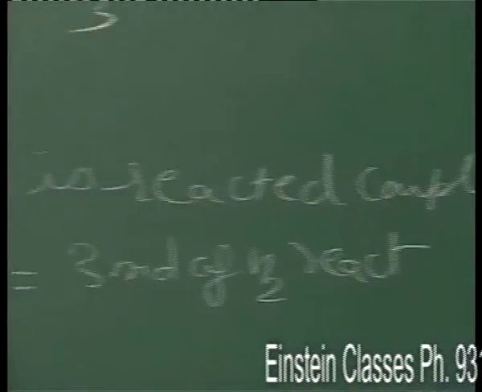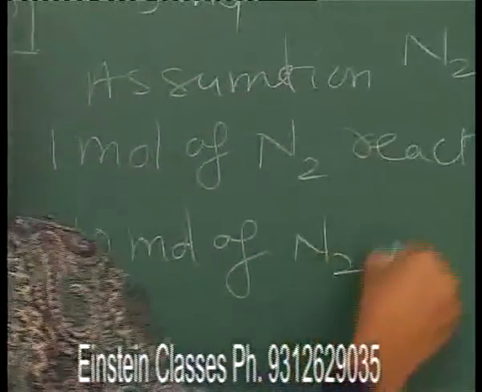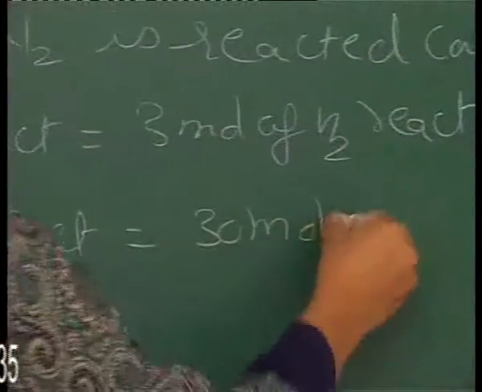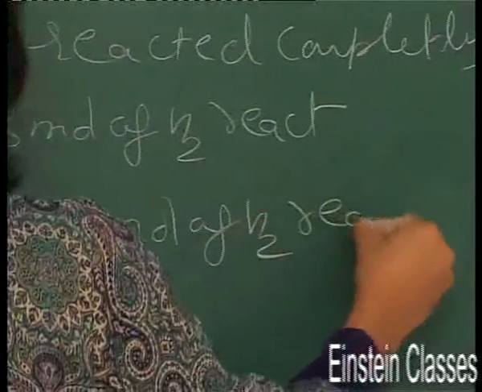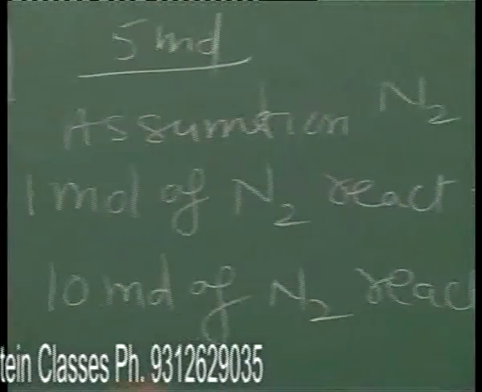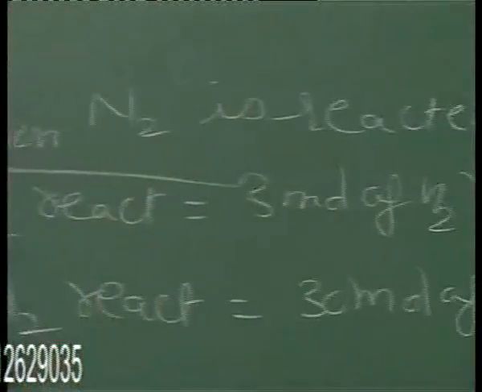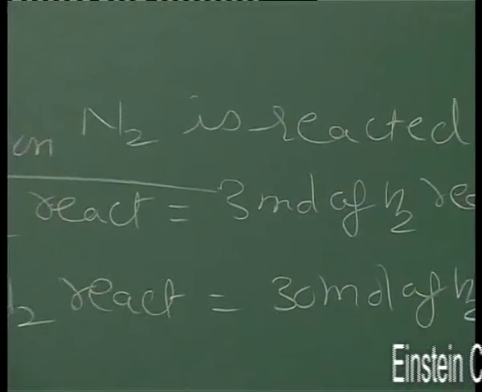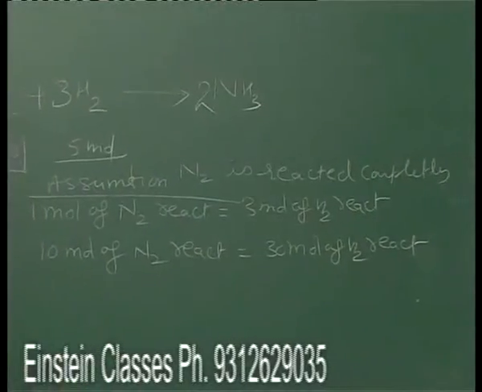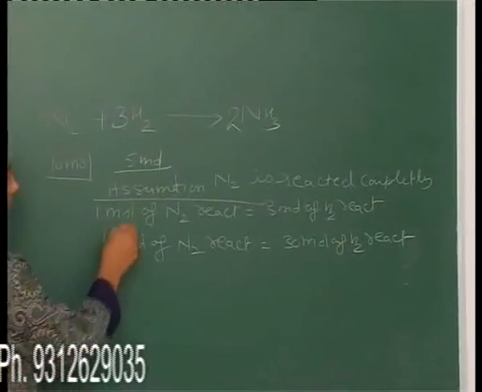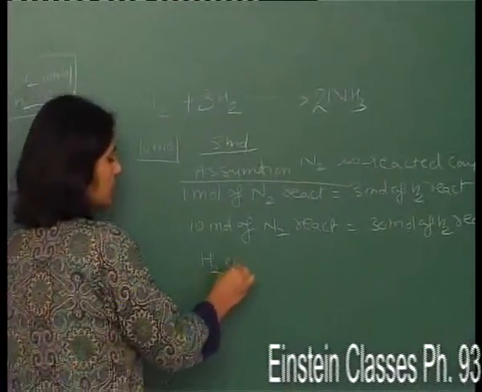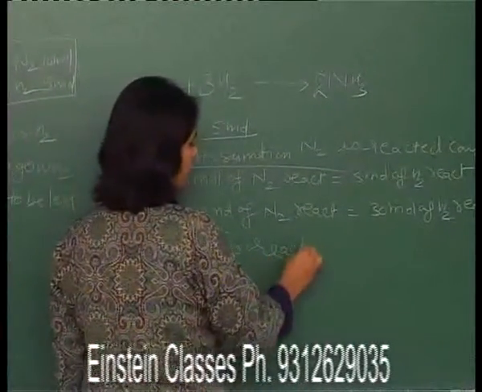Then if 10 moles of N2 would react, 30 moles of hydrogen would react. But there are only 5 moles of hydrogen. So is our assumption correct or incorrect? Obviously we cannot assume that 10 moles of nitrogen would react completely. It means our assumption is wrong. Therefore, hydrogen is reacted completely.